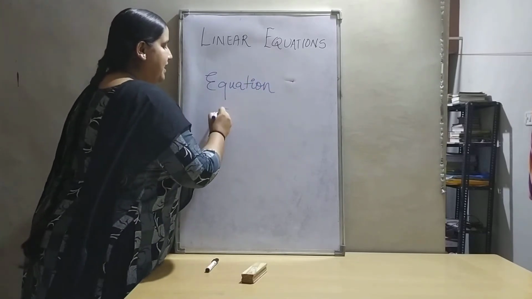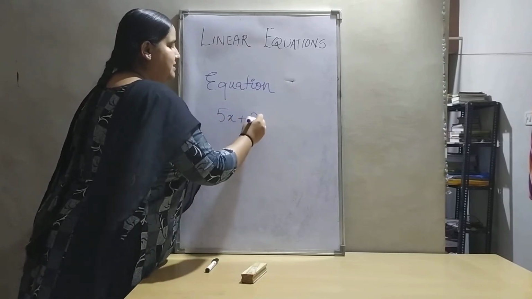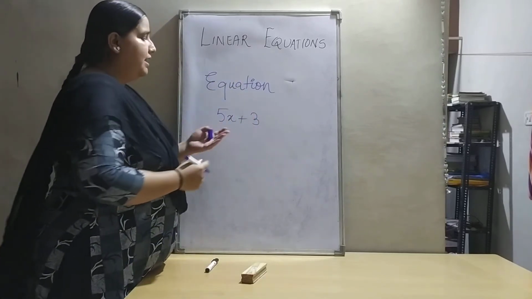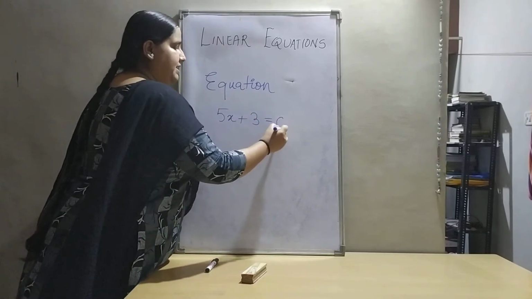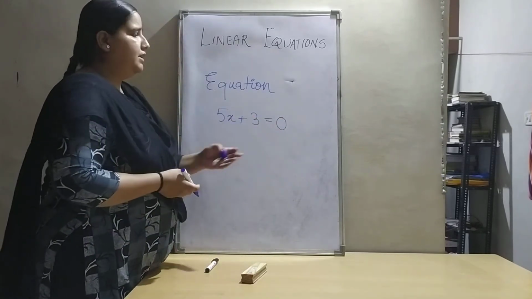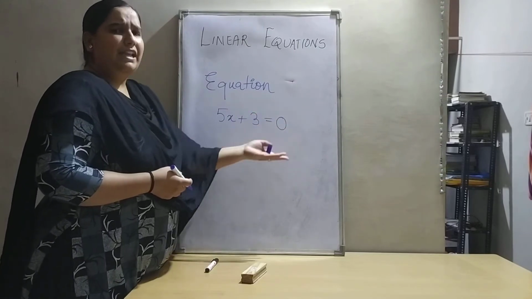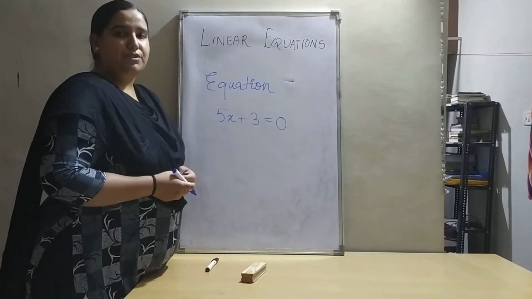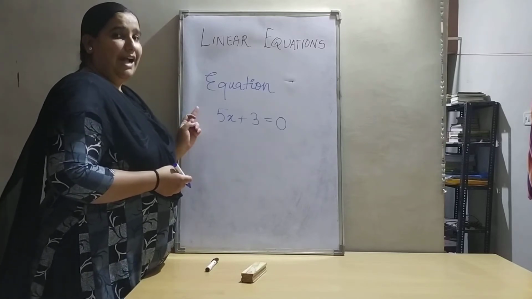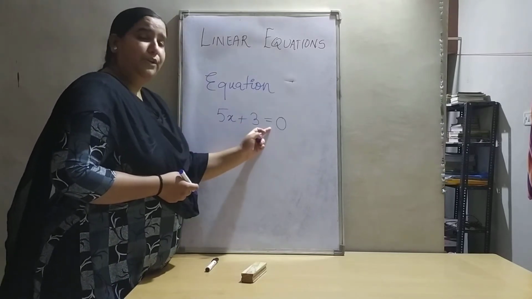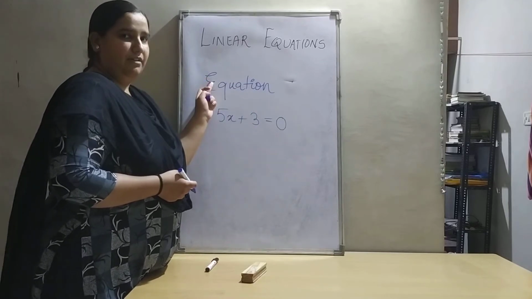For example, I write 5x plus 3 here, and if I put an equal to sign here and put any type of constant, that is 0, or 3, 4, 5, any number towards the RHS of the equal to sign, then I call it an equation. That means an expression with an equal to sign is called an equation, right?